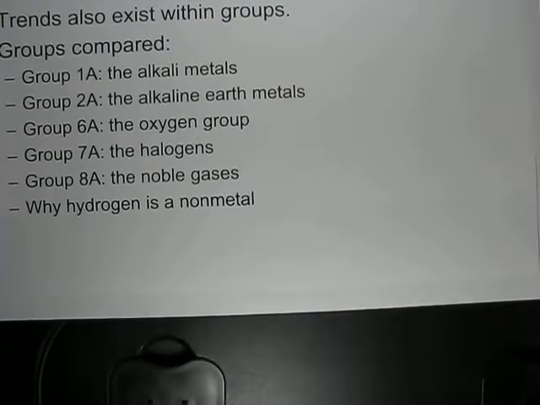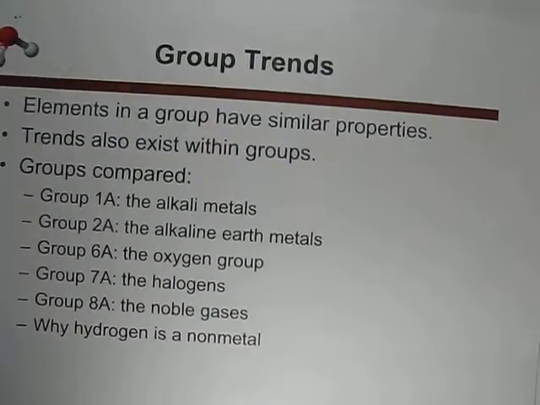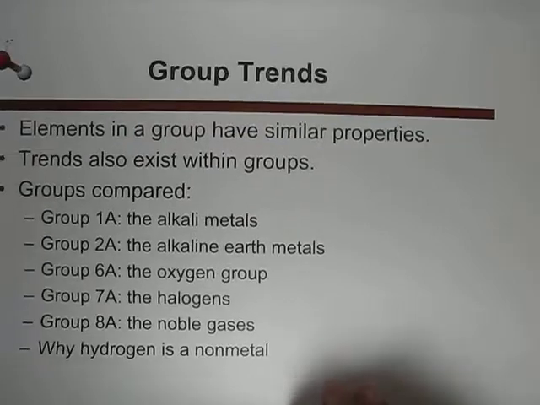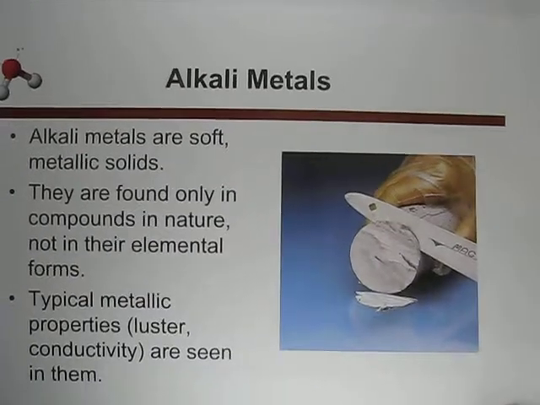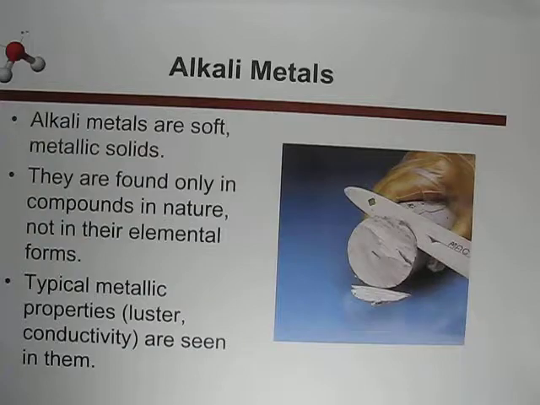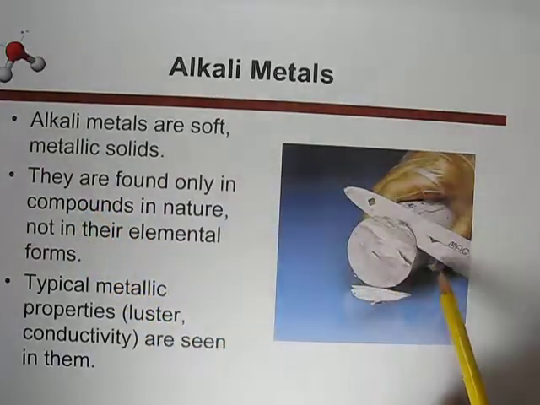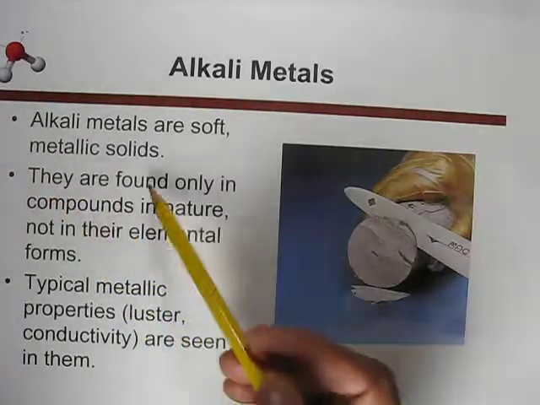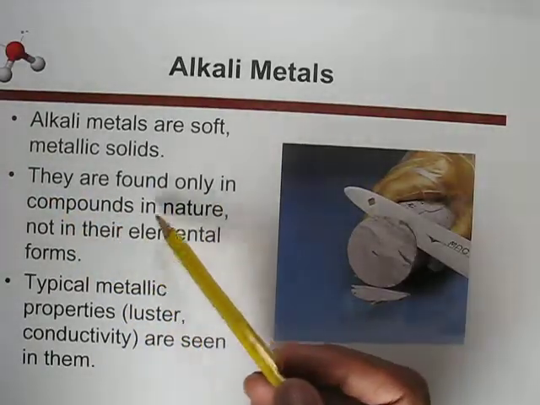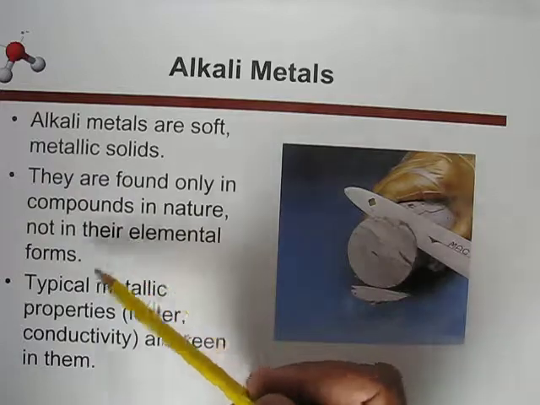So let's start first with the alkali metals. Alkali metals are very soft metallic solids. You can cut them with a knife, and they are found in nature only in compounds, not in their elemental form.